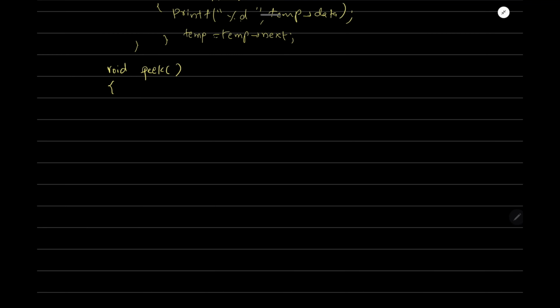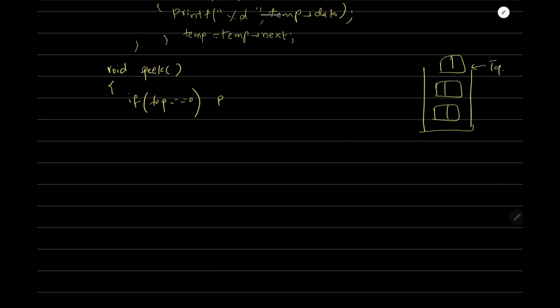Void peek. I need to print the node which is at the top, that is the head node. I should be able to print it, right? So here top will be present. So simply, if top is equal to 0, we need to print stack is empty.